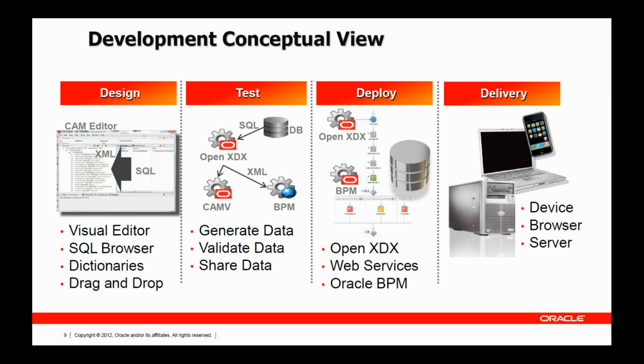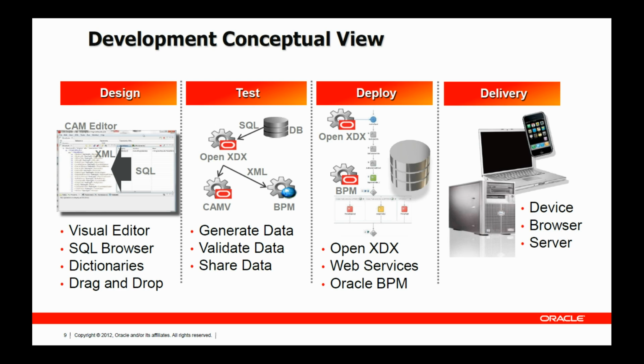And we have the visual development tool for building that, where you can view the databases and use drag and drop to quickly put that together. And then the next step, of course, once you've done the initial design, is to be able to actually test it live using Open-XDX and then be able to generate the data and share it through the forms and the PDFs.